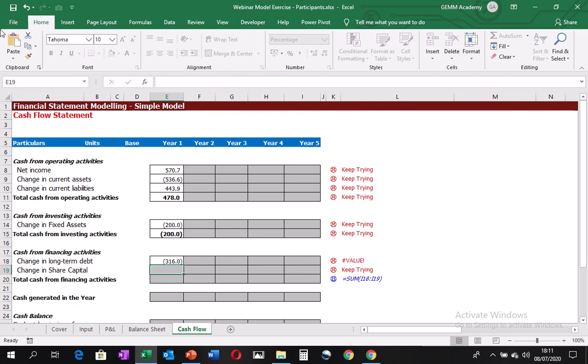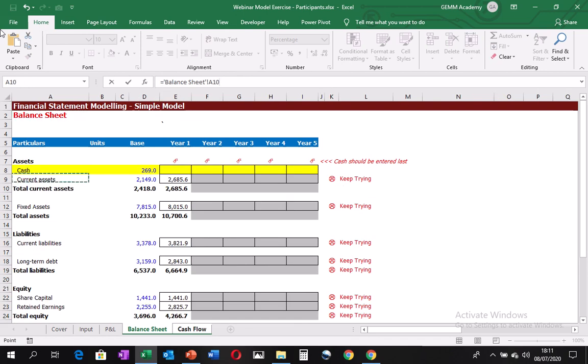Alright. Then change in share capital equals, go to your balance sheet, share capital. Share capital will go in the same tune as long-term debt, because when share capital is increasing, it actually means that shares are being issued and money is coming in.